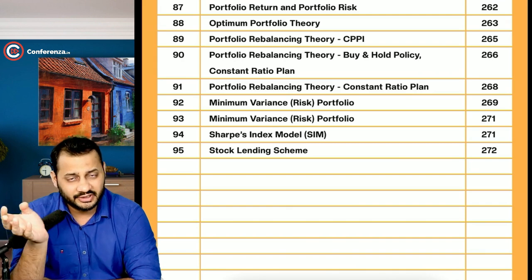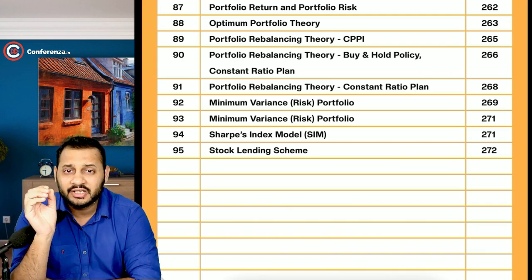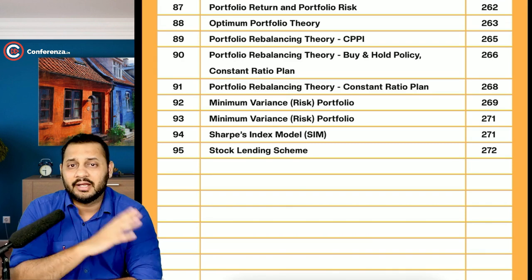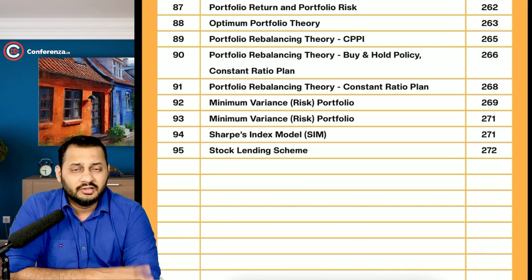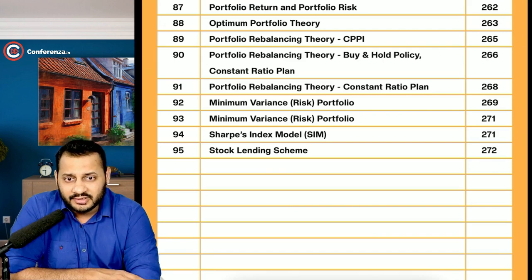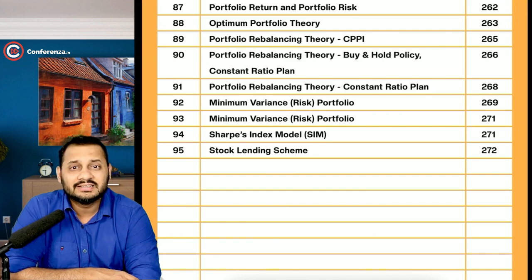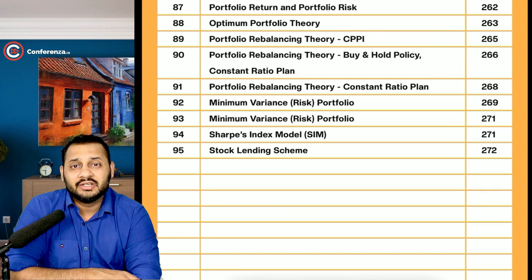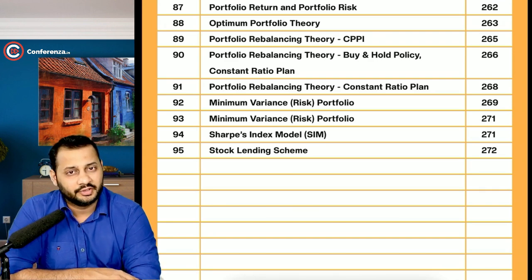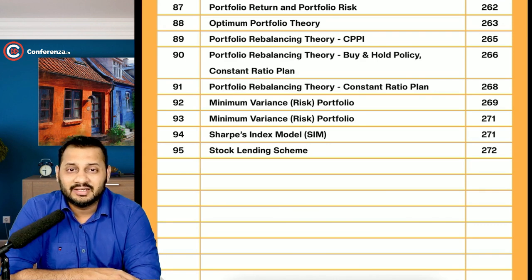Action means selling some securities and buying other securities so that you bring it back to the plan. And this keeps going on for a period till you sell the securities. So this is called rebalancing the portfolio. Rebalancing is done in order to make sure that we earn the profit that we have desired. Okay, so there are three basic policies under portfolio rebalancing theory.